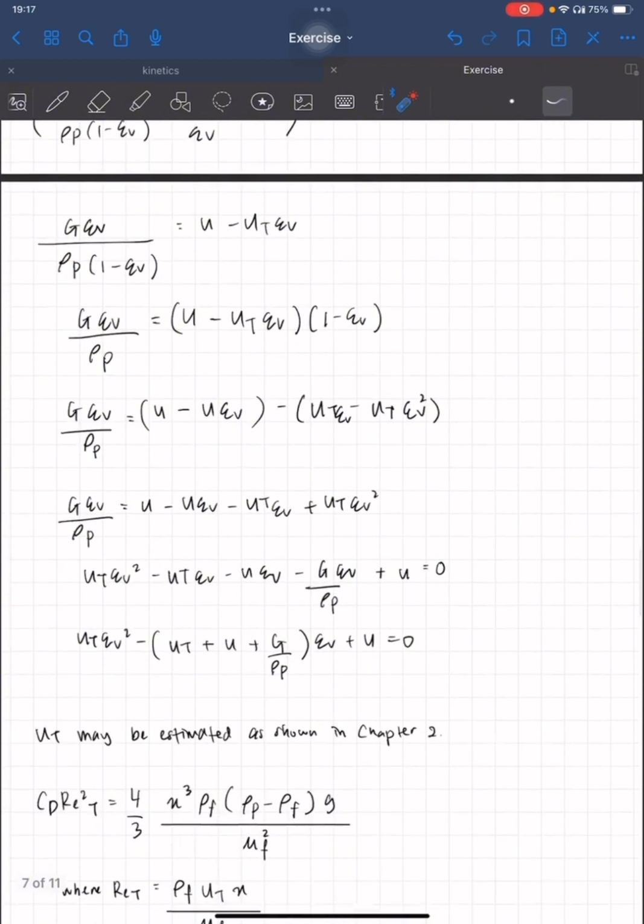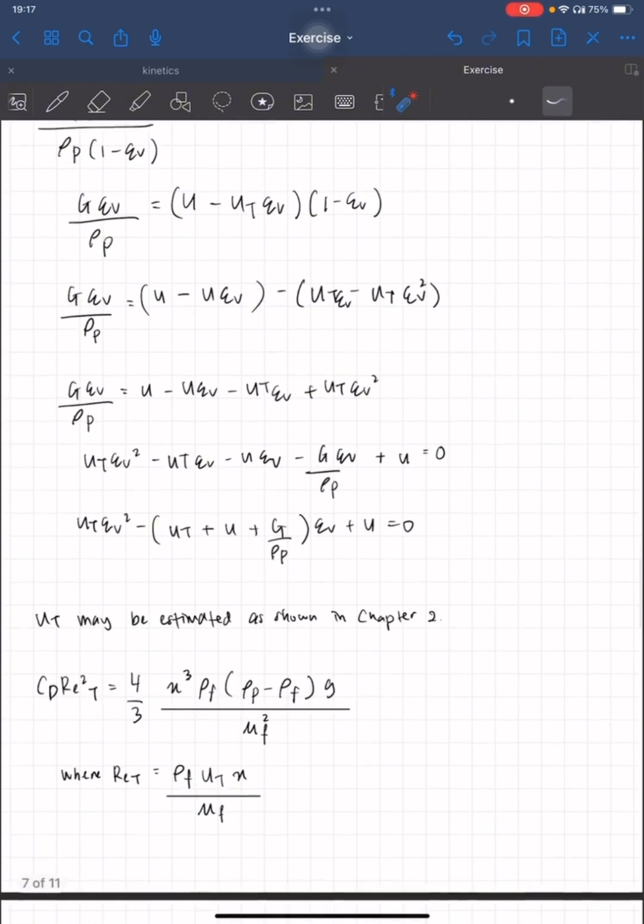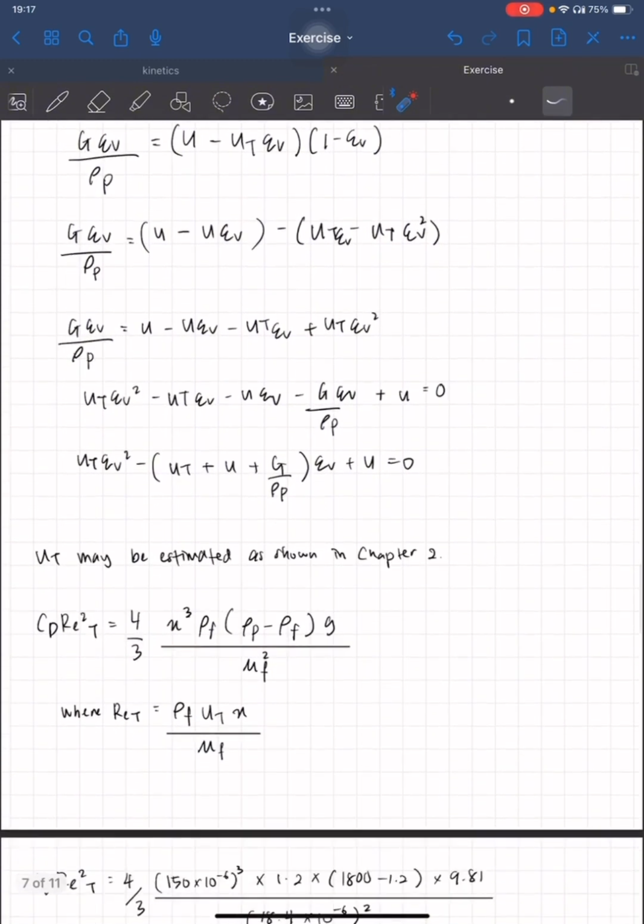So this is the mathematical solution. Then we can get this equation for solving to obtain the value of voidage for the vertical section.